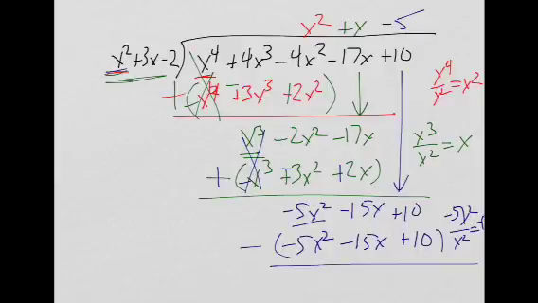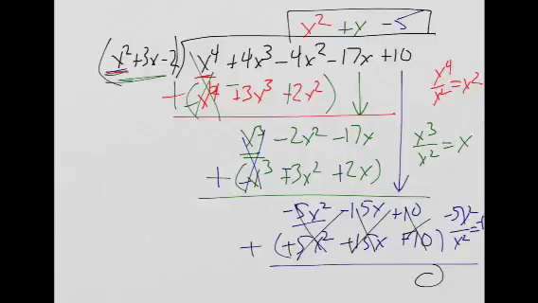And I will get plus the opposite, and we'll see this time everything cancels out. I have a remainder of 0. That means that this is actually a factor of this fourth degree polynomial, because I get no remainder when I divide that out.